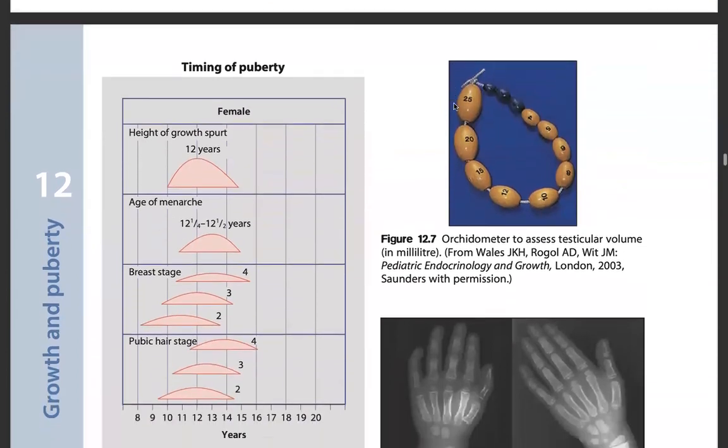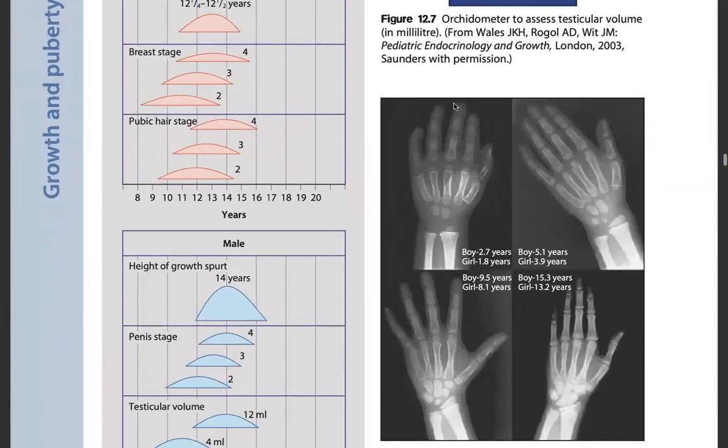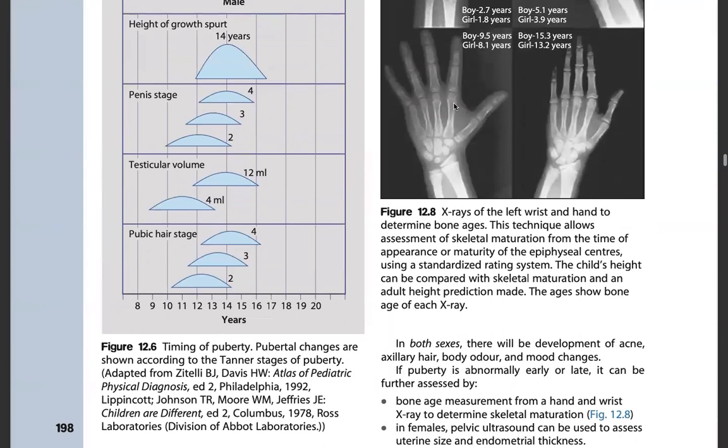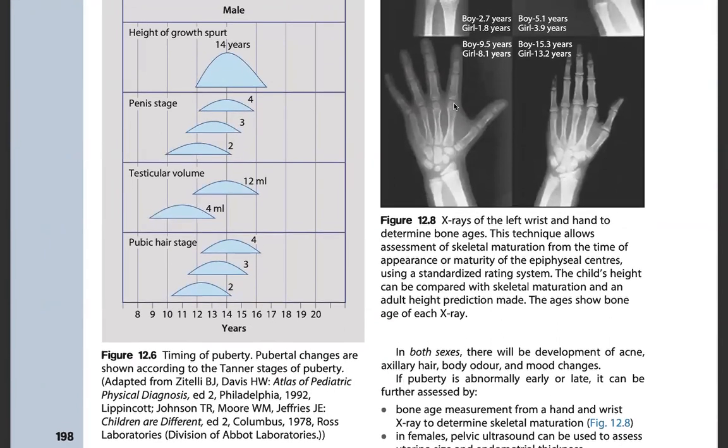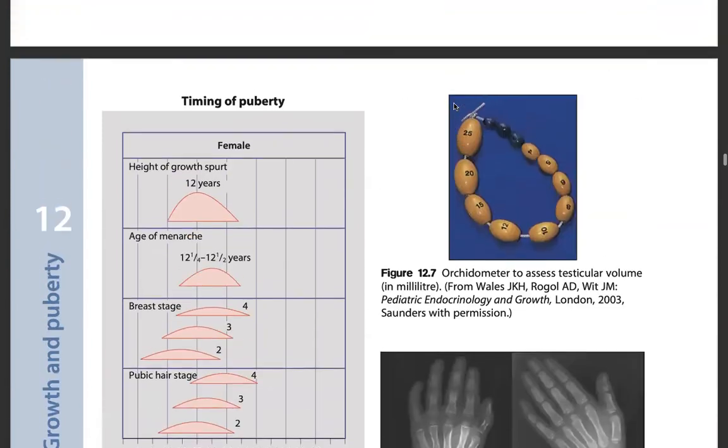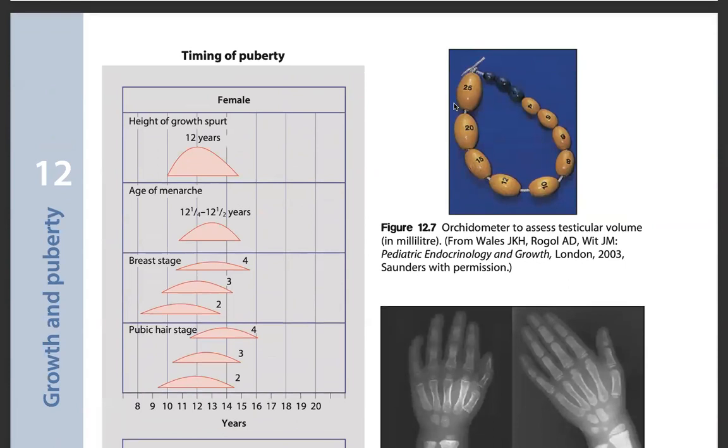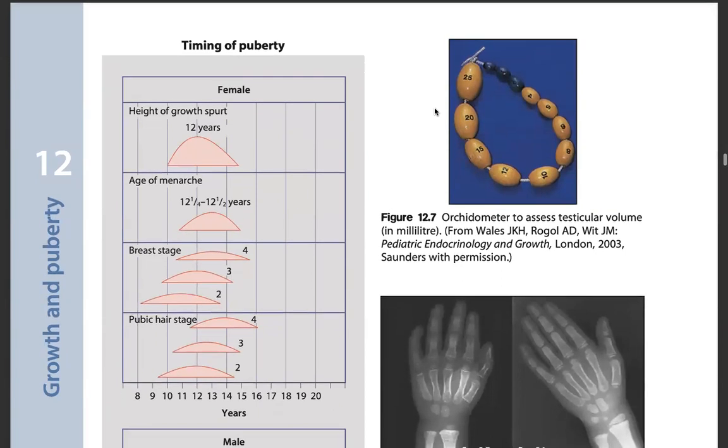This is the timing of puberty. The chart shows pubertal changes according to the Tanner staging of puberty. For females, the height growth spurt is at 12 years, the age of menarche is 12 and a half, with a range of 12 and a quarter to 12 and a half.